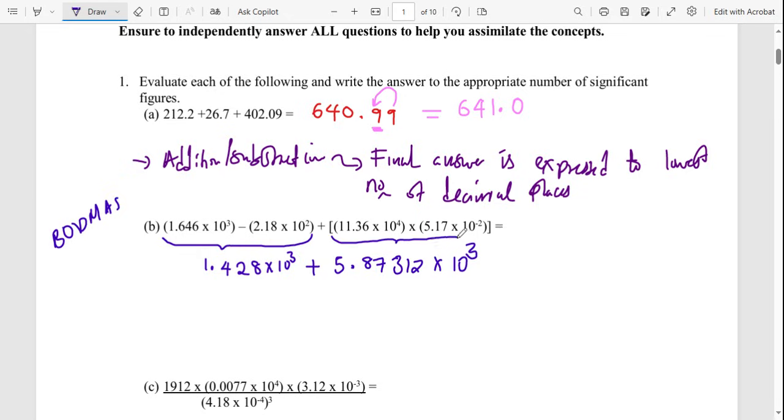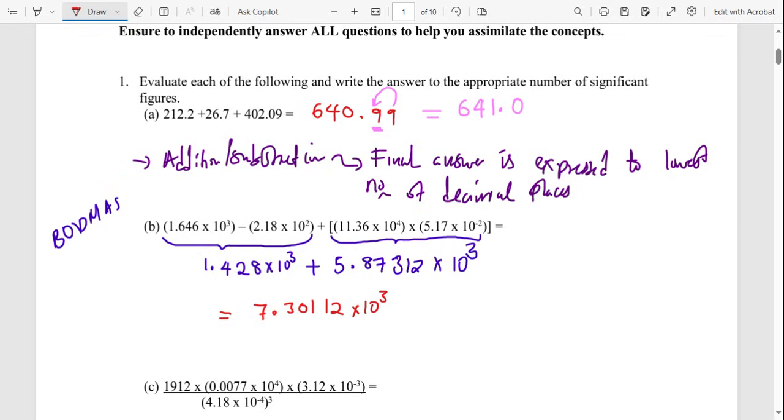So this is this part, right? After I do this, then I'm going to add these two. So the answer that I have here, plus 1.428 times 10 to the power 3. That has given me 7.30112 times 10 to the power 3.